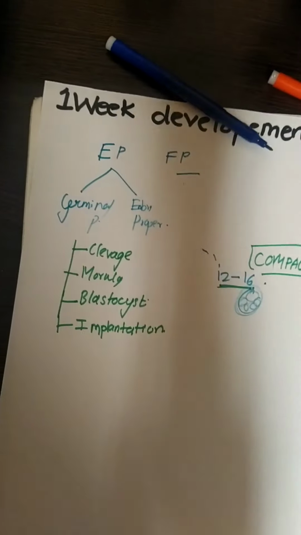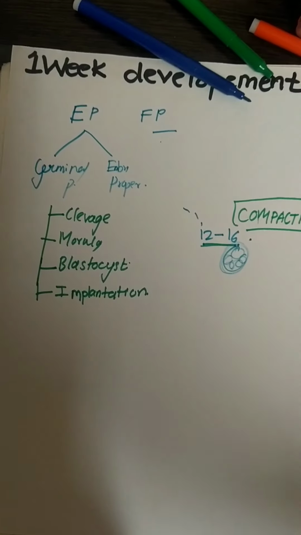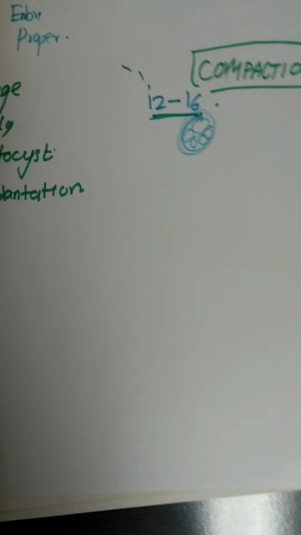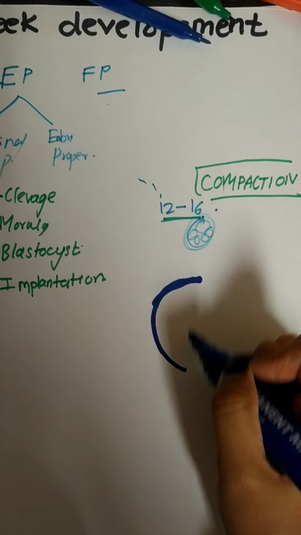Now we'll see the internal structure of this whole embryo. Suppose this is the zona pellucida.